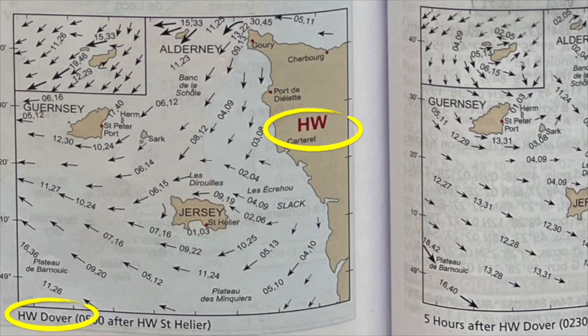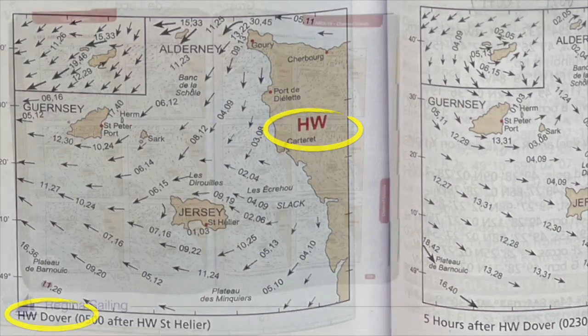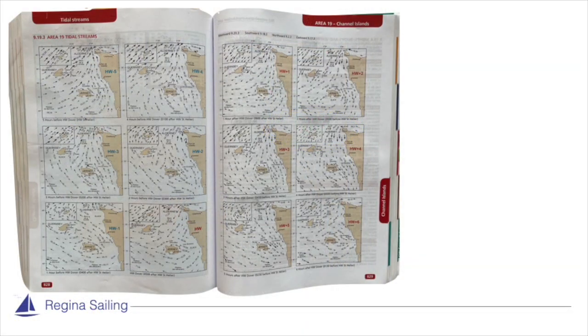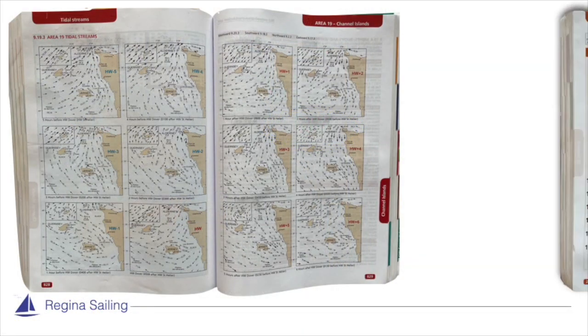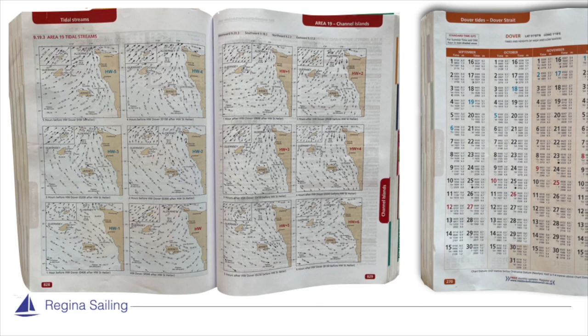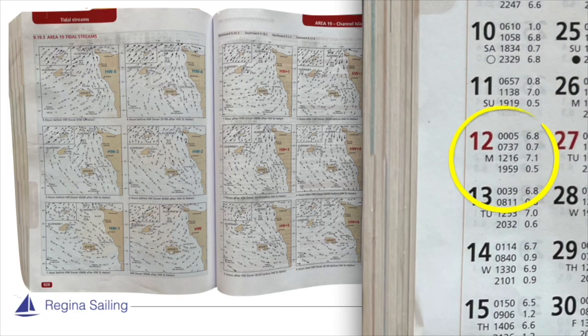So when does Dover have high water? Well, you look up in the Reeds, of course. So you look up Dover. Here is the Reeds, and you see that high water is at 12:16, and you have 7 meters there.